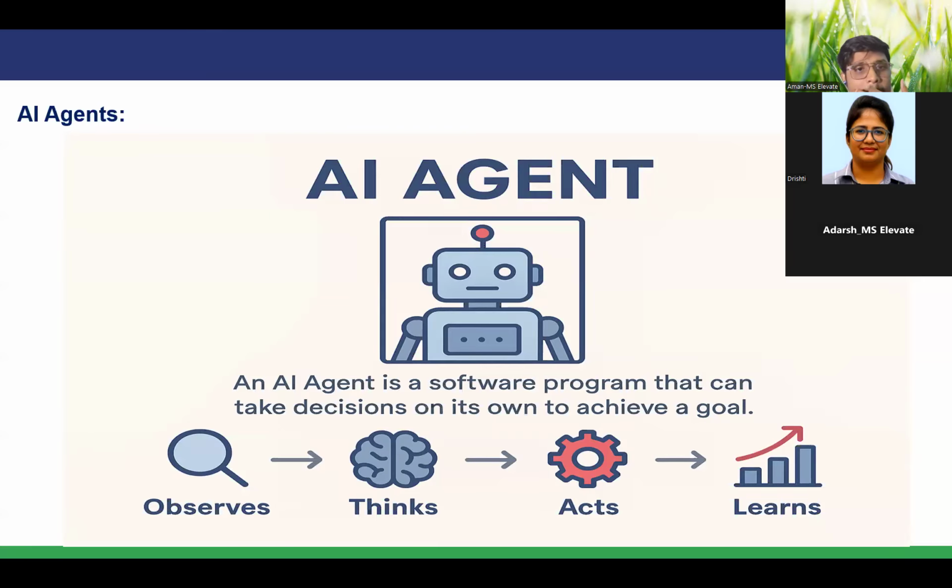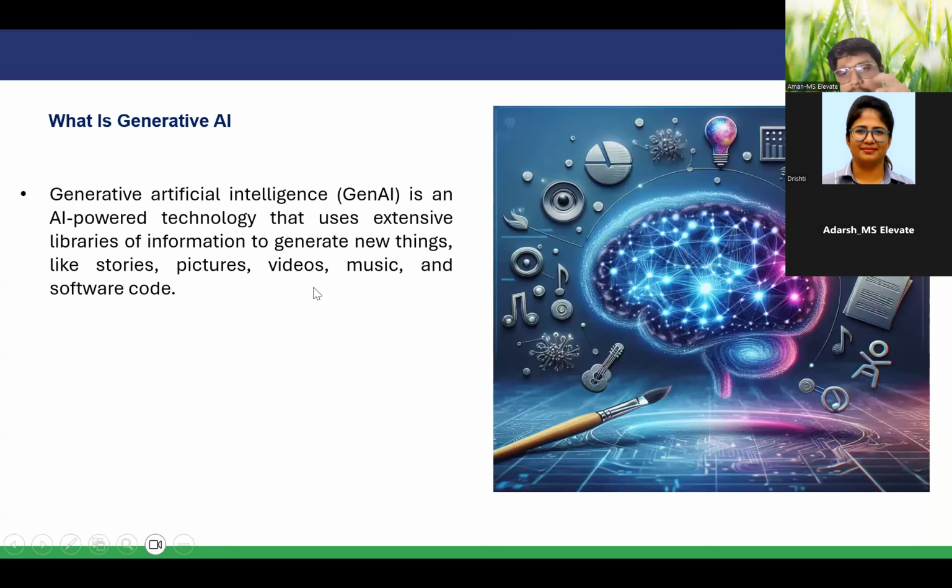Now, generative AI. What is generative AI? Generative AI is something that generates something, any AI that generates even text. So, sir, ChatGPT is a generative AI? Yes, it is. Nano Banana is a generative AI? Yes, it is.